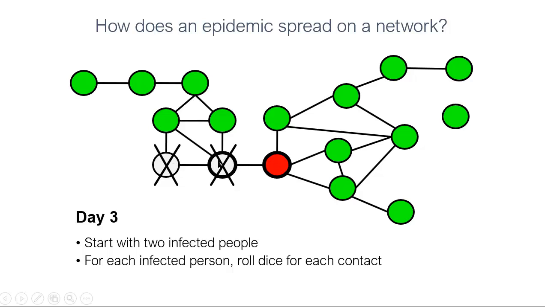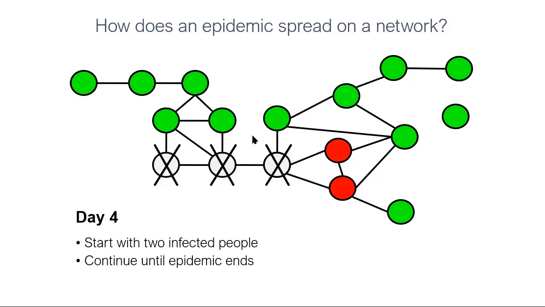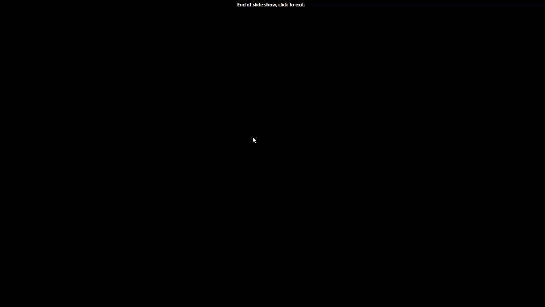There really was no need to roll the dice for this person. That's inefficient coding, but that's what they did in this simulation. Roll the dice for this person. 6, doesn't get infected. This person gets infected. This person also gets infected. Right? So that person terminates and becomes recovered. You do the same thing with this one. Continue until the infection ends.